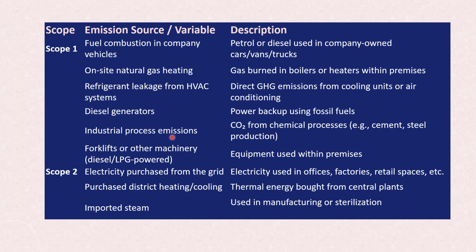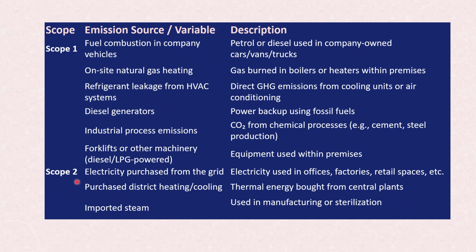Industrial process emission, whatever product you are making, such as carbon dioxide from chemical processing, cement, and steel production, comes under direct emission, Scope 1. Forklifts or other machinery powered by diesel or LPG, used within the premises, also come under Scope 1.